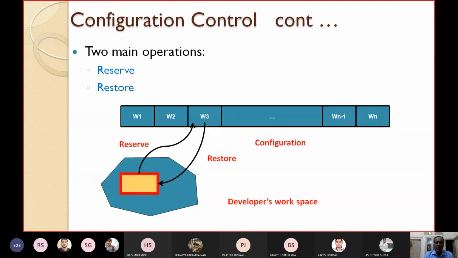How does it happen? I have already told you W1, W3, these are configuration items. Suppose the developer, working on a PC, wants to make some changes to the work product or this item W3. So what can he do? He has to first apply a reserve operation. See, this is the reserve operation. He will apply the reserve operation on the component W3.